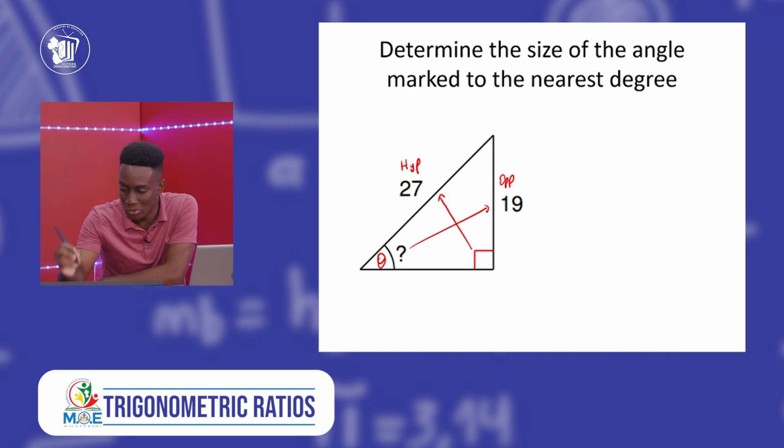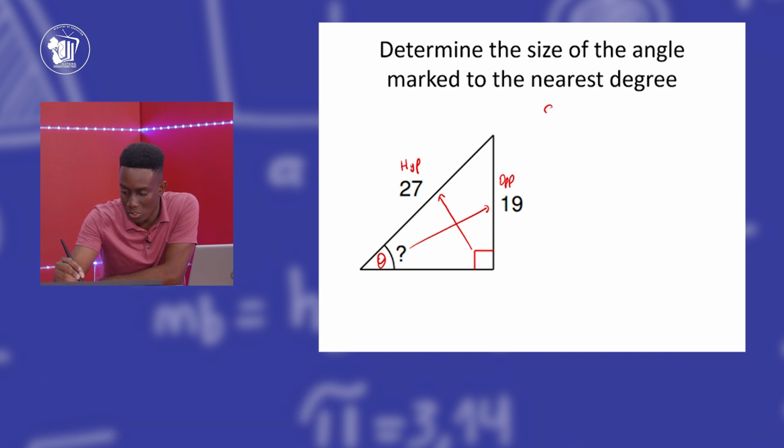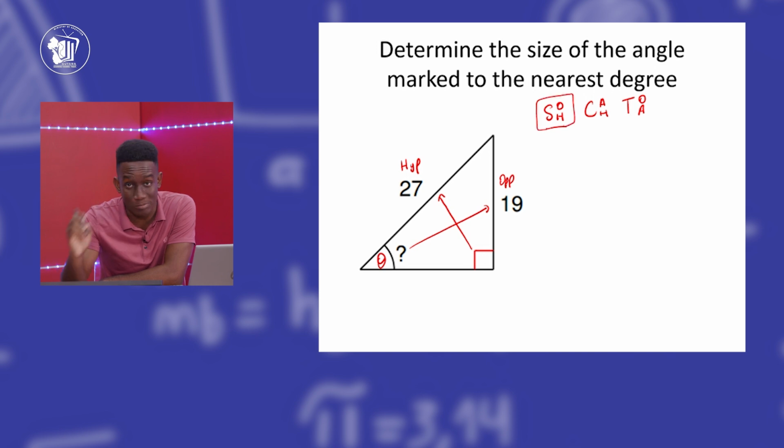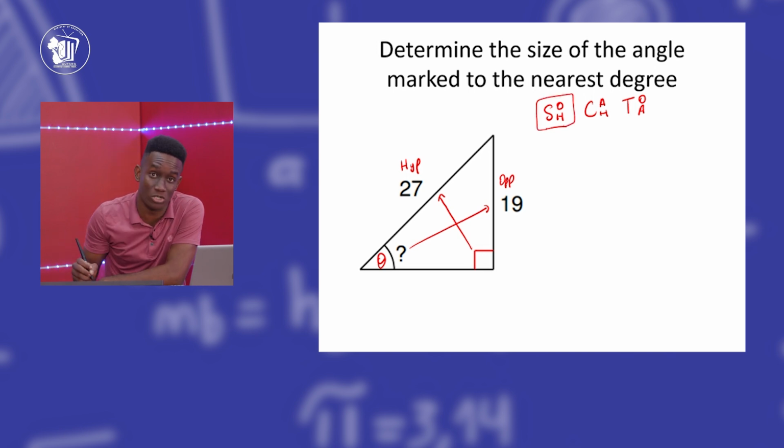Let's put down all of the ratios: some old horses can always hear their owners approach. So we have sine, cos, and tan. We are given the hypotenuse and the opposite. Which one of these ratios has those two? Sine has both the hypotenuse and the opposite, so we use the sine ratio.